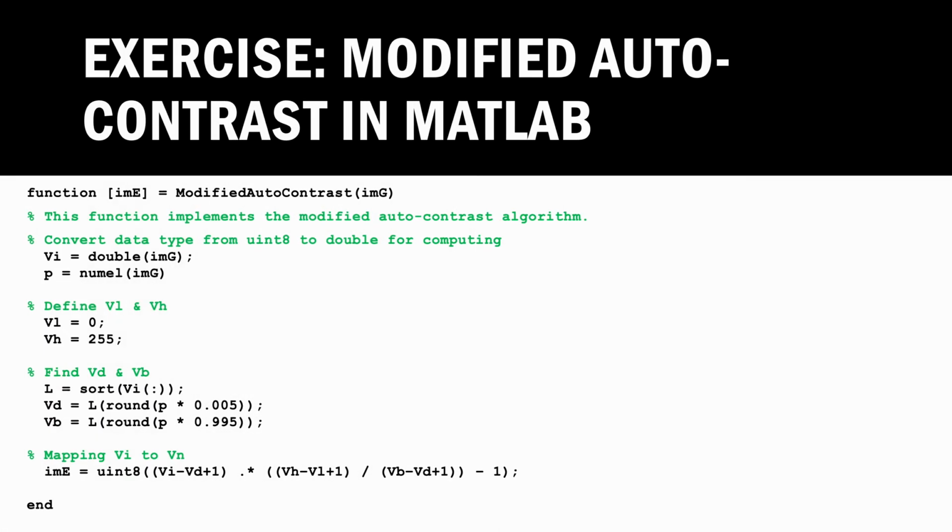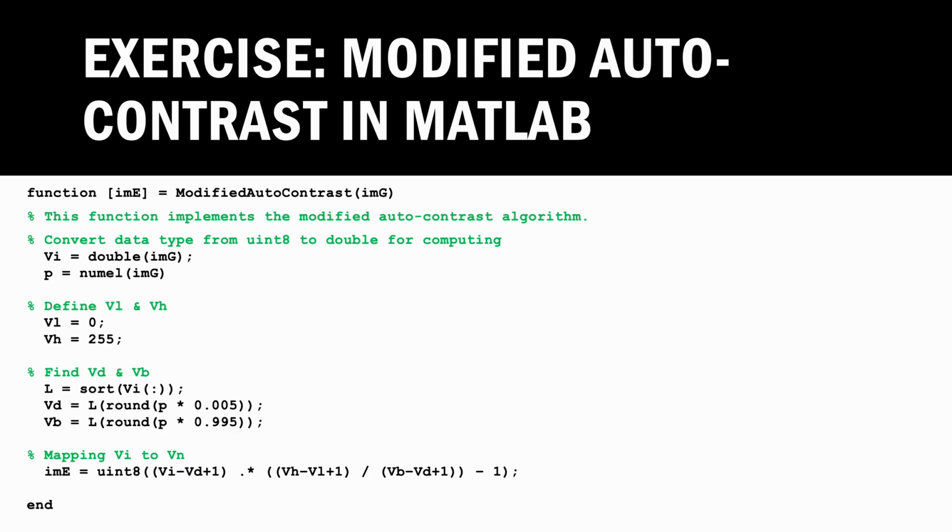Now we can put everything together in the complete function called modified autocontrast. First, to avoid losing precision in calculations, we convert the input image IMG from UINT8 to double, and we store it as VI. We also compute P, the total number of pixels in the image, using the function called numel on IMG. Next, we define the output intensity range as before.